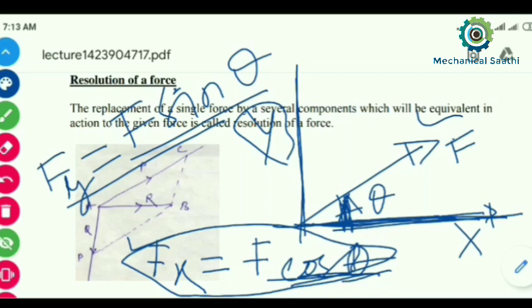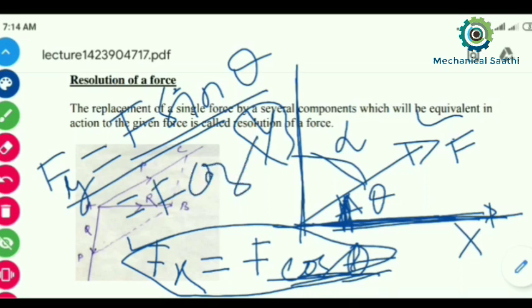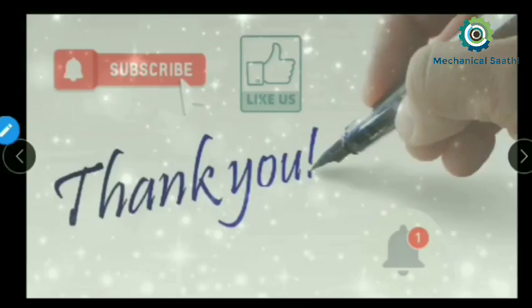Suppose this angle is given as alpha. Now we can calculate fy equal to f cos alpha, and fx will be equal to f sine alpha. I think you can understand this one.